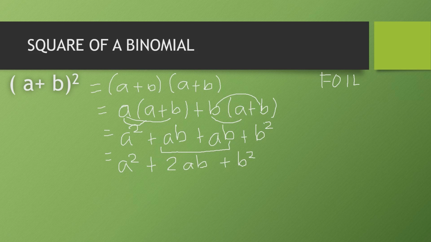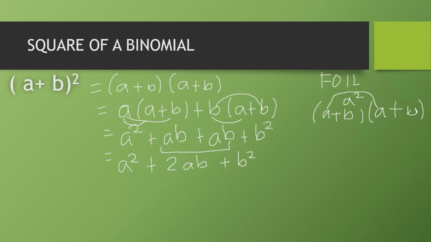Now, i-apply naman natin yung tinatawag nating FOIL method. F stands for the first term, O for the outer term, I for the inner term, and L for the last term. Now, let us rewrite A plus B multiplied by A plus B. Then, for the first term, we will multiply A with A, that is A squared.